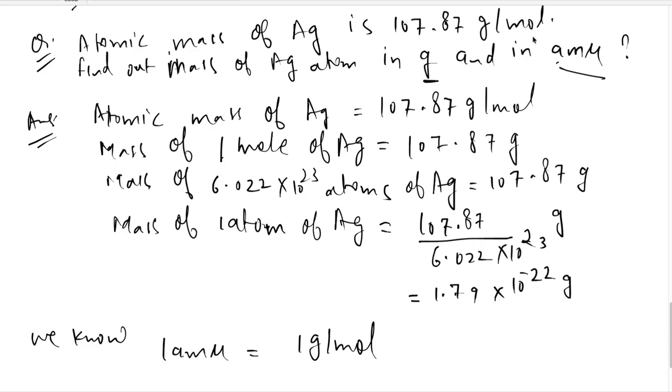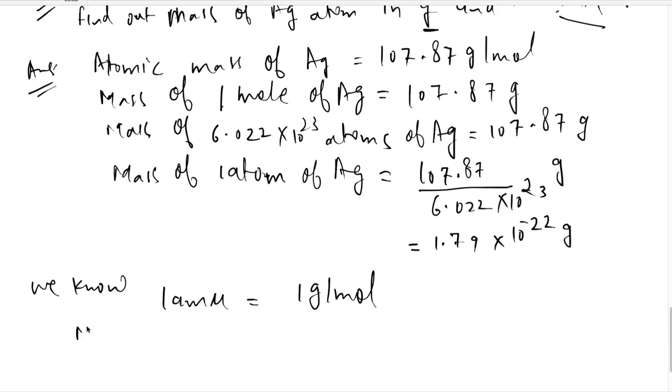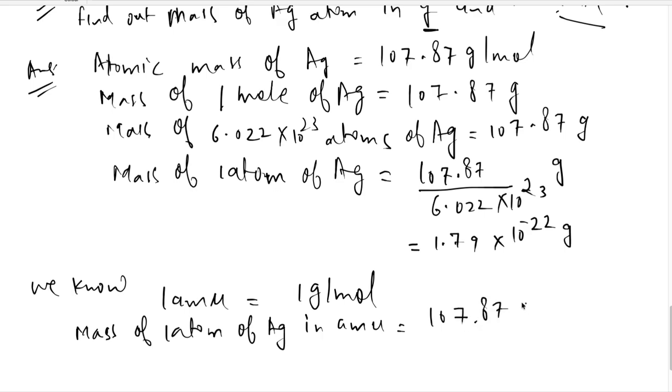The answer in gram per mole is already given. Therefore the mass of one atom of silver in AMU would remain the same, that is 107.87 AMU, or just U, unified mass.